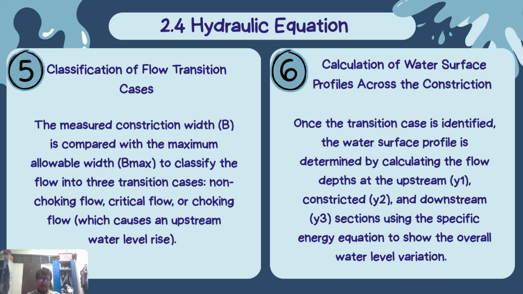Number 6, the calculation of water surface profiles across the constriction. Once the transition case is identified, the water surface profile is determined by calculating the flow depth at the upstream Y1, constricted Y2, and downstream Y3 sections using the specific energy equation to show the overall water level variation.